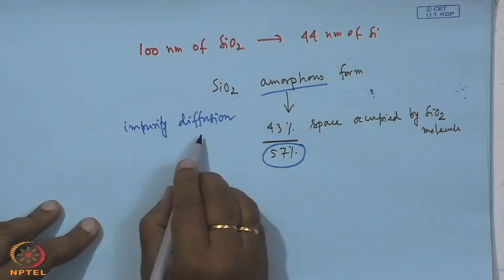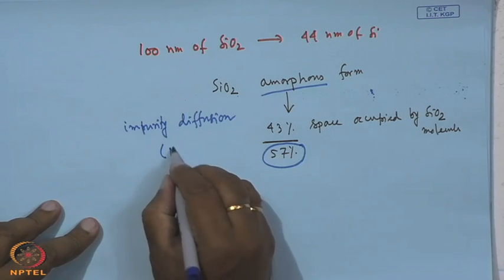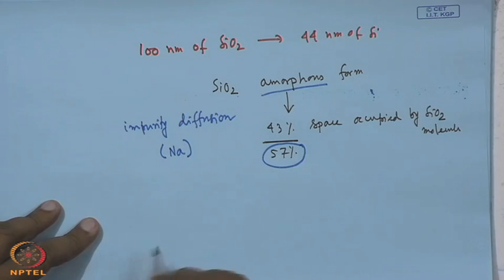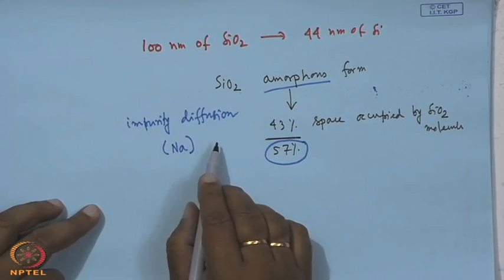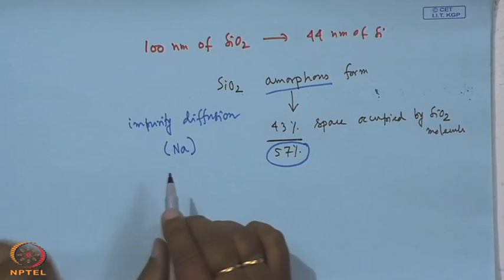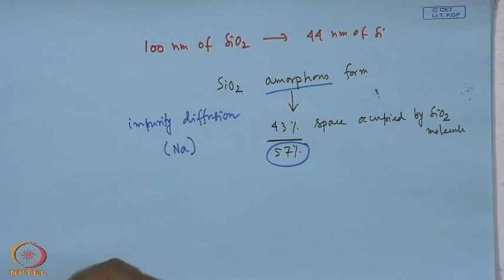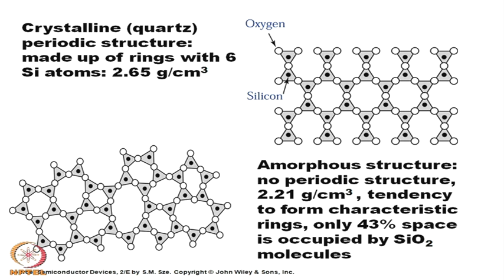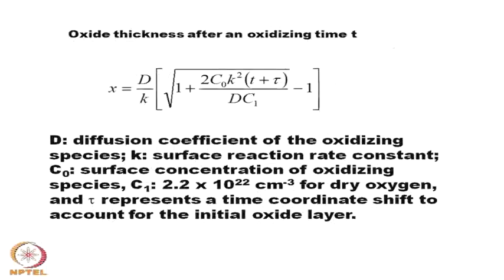Impurity diffusion will be there, particularly of sodium, and because of this impurity diffusion or interdiffusion of impurities, the stability of the device or the structure will be very poor. So, care must be taken to avoid this kind of structure if we use this SiO2 for some application in IC technology.